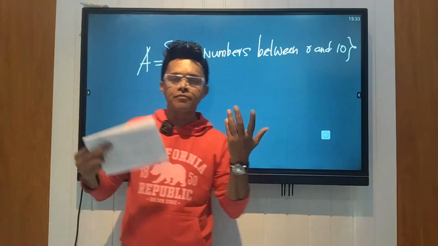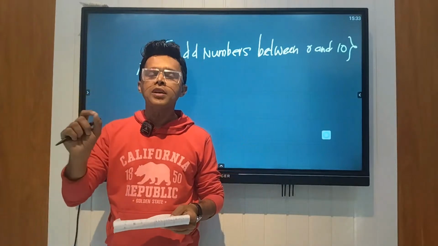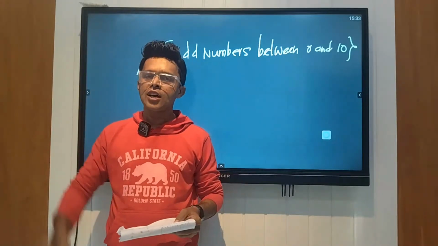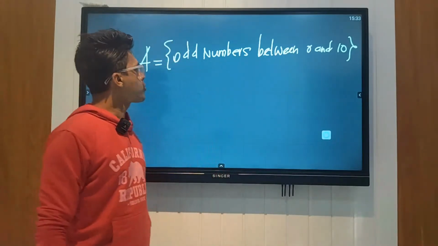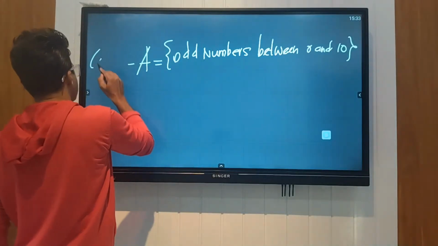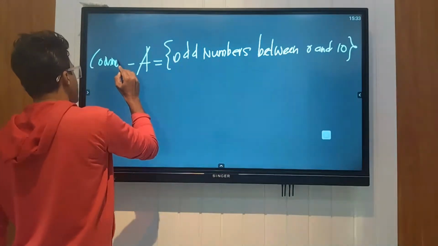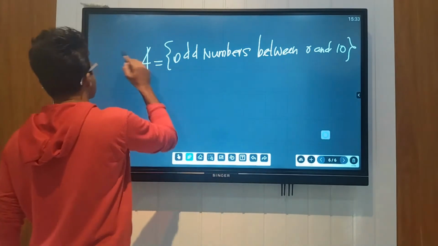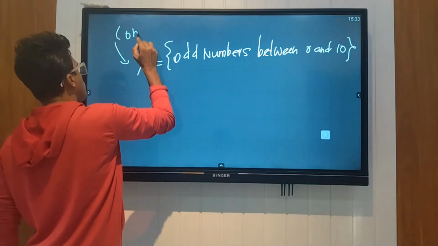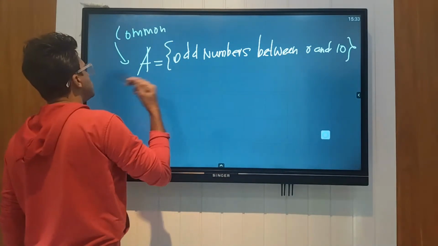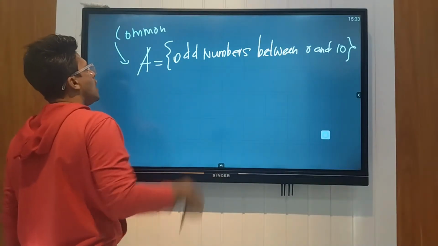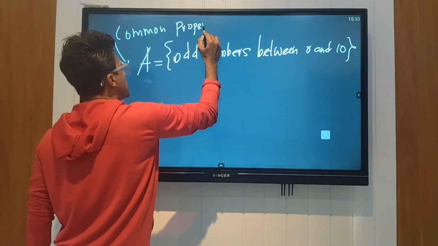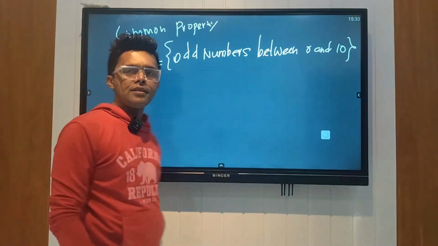I have written a certain common property of the elements of the set A. I have not written the elements of the set A, but I have written a common property of the set A here.